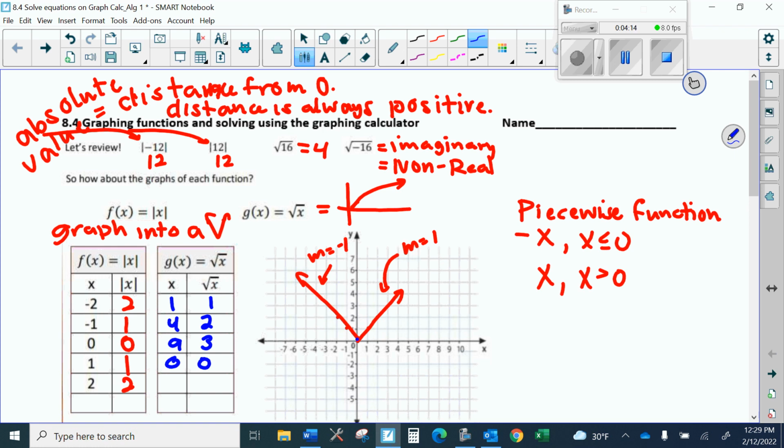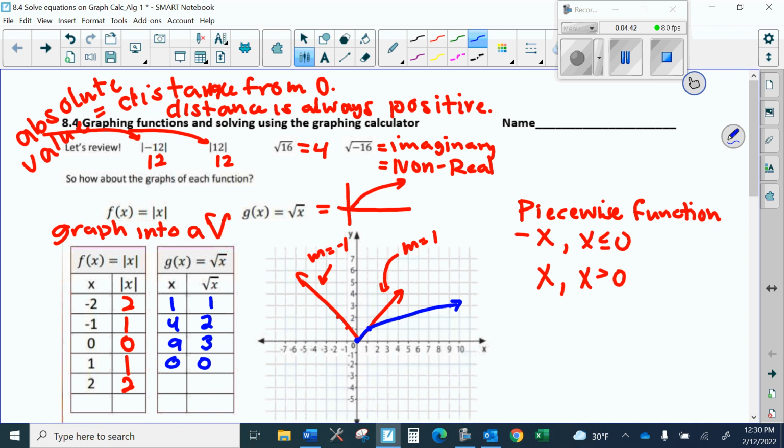Okay, so here I'd have 0, 0, 1, 1, 4, 2, and 9, 3. So you see that general shape, and it will just keep going up towards infinity there. Okay, when you just have this with no plus or minuses with the x's inside or outside, those are called parent functions, just so you know. So make sure you're familiar with that.